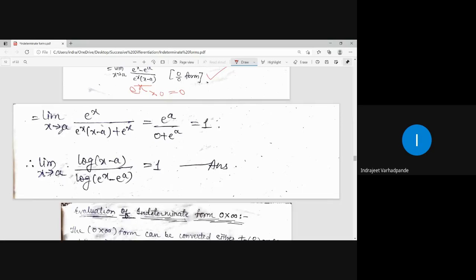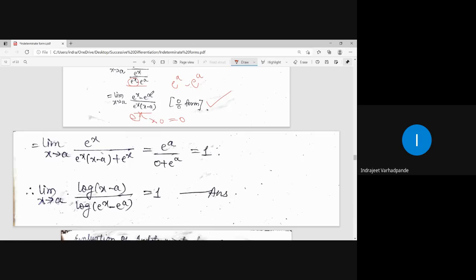So this is limit x extending to a. Take the derivative. Derivative of numerator, derivative of denominator involves the product rule. e to the power x into x minus a plus e to the power x.